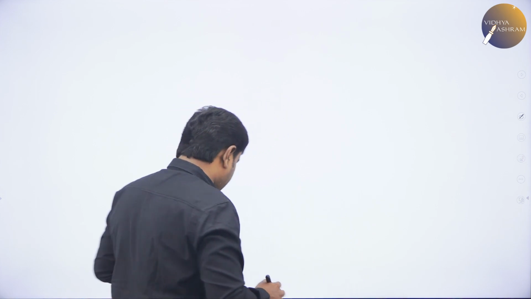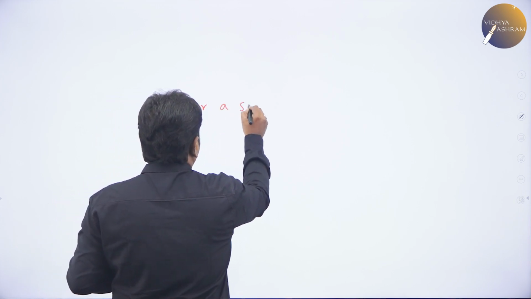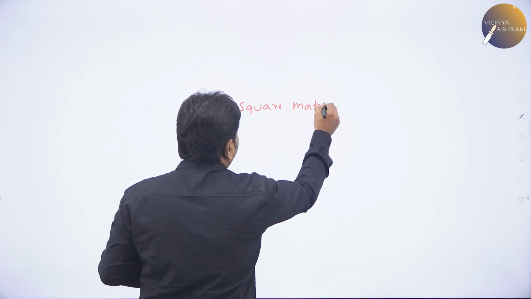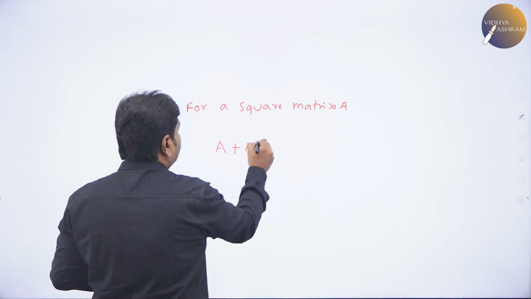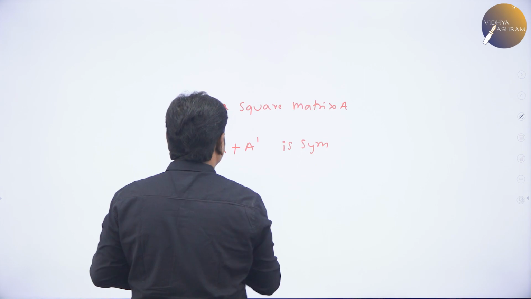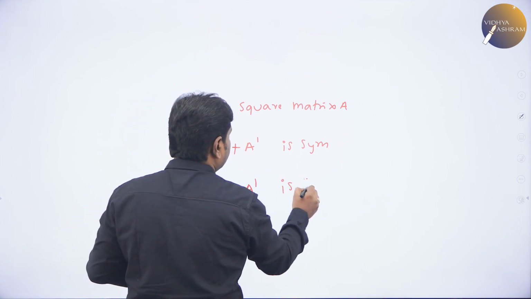And for a square matrix A, properties: A plus A dash is always symmetric, and A minus A dash is skew symmetric.